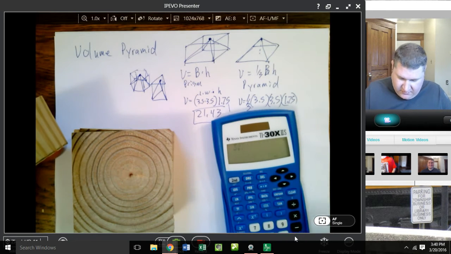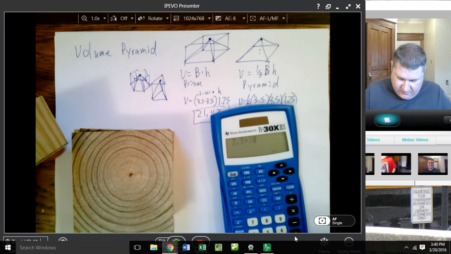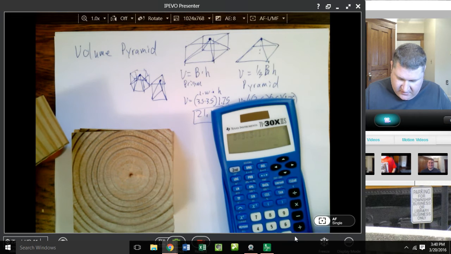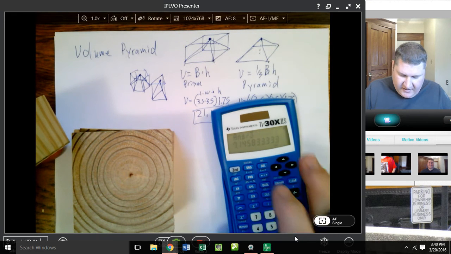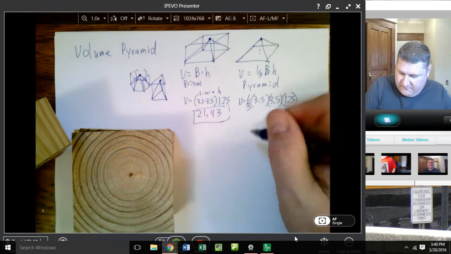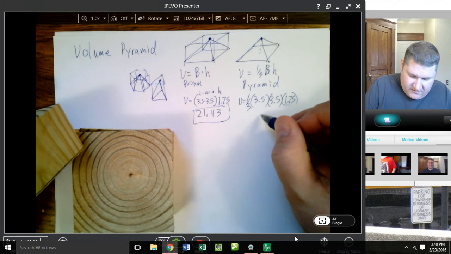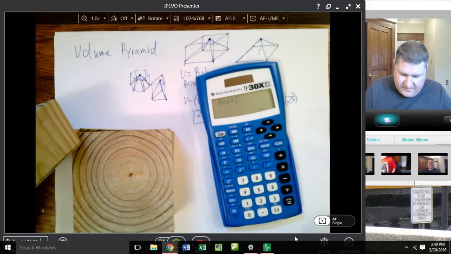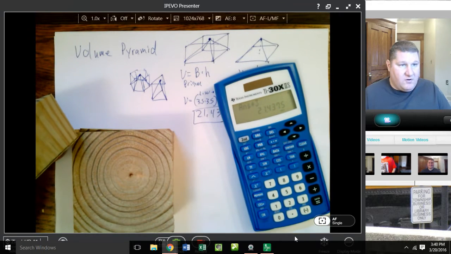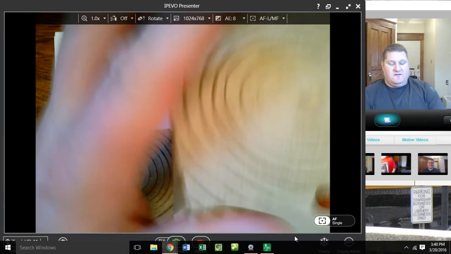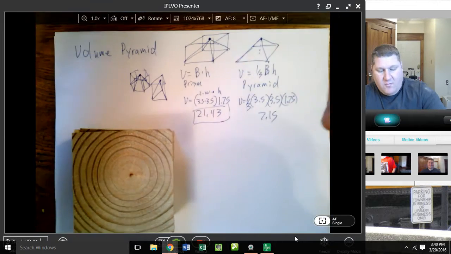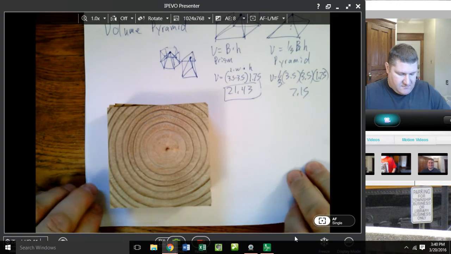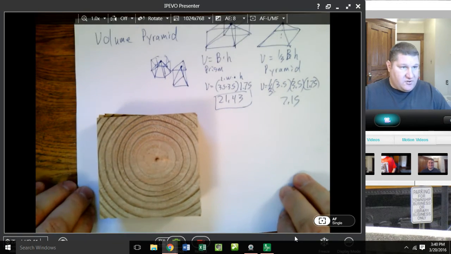So 3.5 times 3.5 times 1.75, divided by 3, the answer is 7.15, basically. And if I multiply that by 3, it takes me right back where I was, 21.43. So that's the volume here, and the pyramid's volume is 1/3.